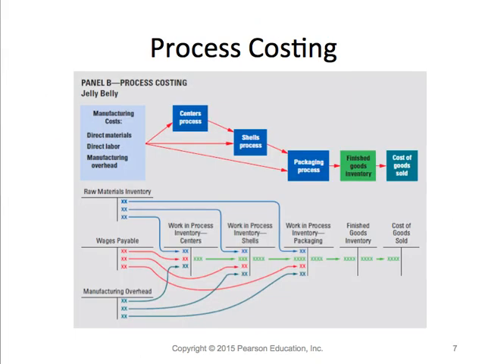Move on to the next one. So here's the illustration. Also, we have categories of different costs: direct material, direct labor, and manufacturing overhead. So you have multiple processes, and until the last one, after here's the packaging, and you're going to have finished packaging.